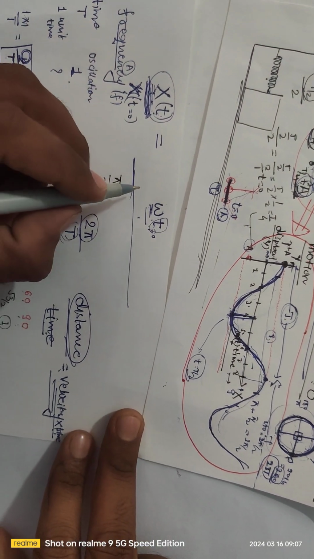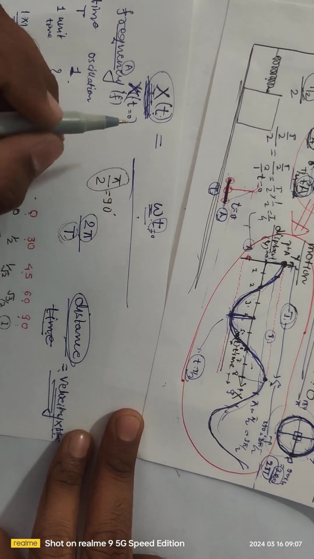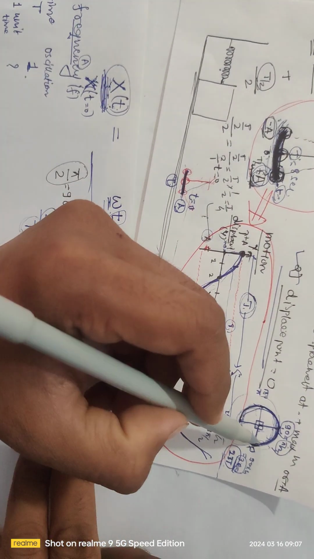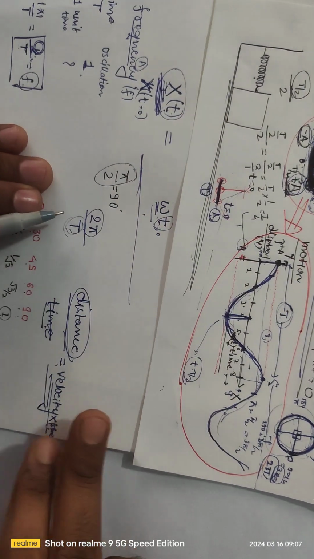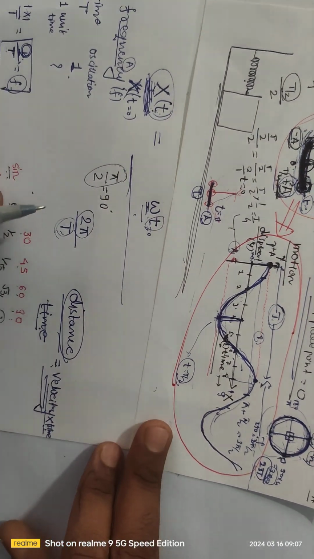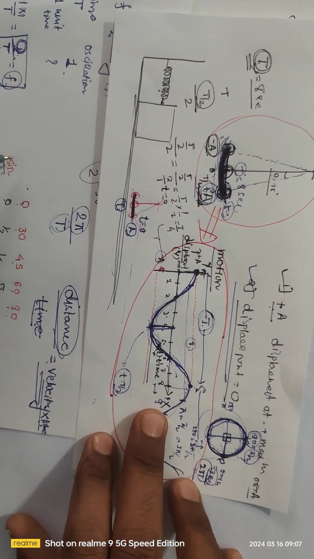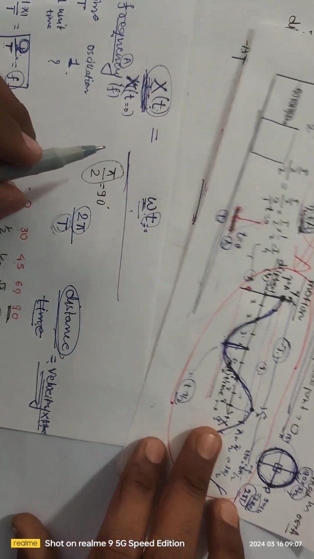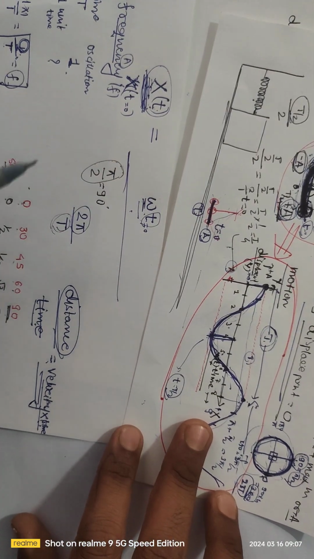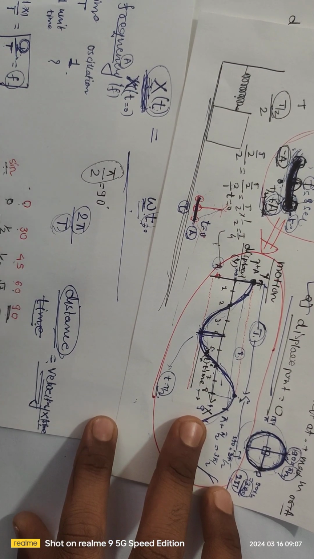In degrees it is called 90. In radians it is pi by 2, here 0 to pi by 2, but in degrees it is called 90. So for this graph, if I put 90 degrees, we have to take the value of omega t.